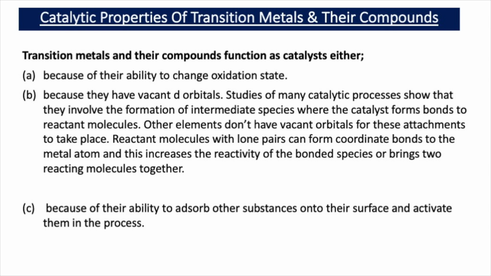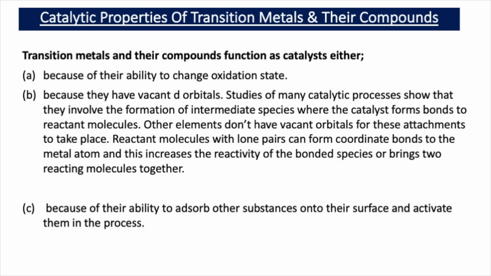And studies of many catalytic processes show that they involve the formation of intermediate species where the catalyst forms bonds to the reactant molecules. Transition metals and transition metal ions have vacant or partially filled d orbitals that reactant molecules can bond to via coordinate bonds.